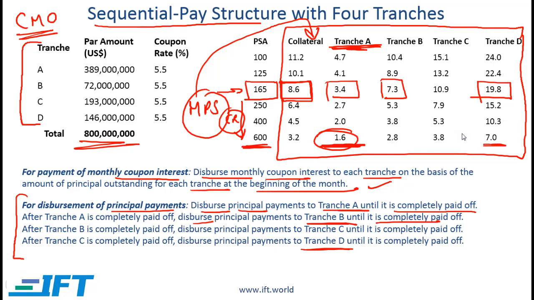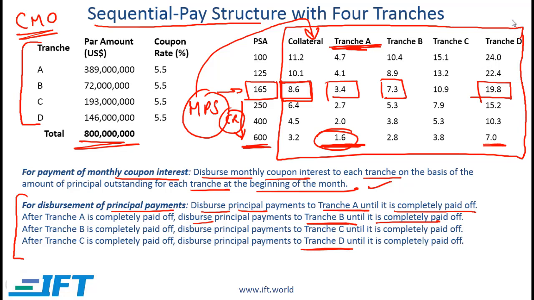Now I'll ask the sort of question that might show up on an exam. Let's say you are an investor and you are extremely concerned about contraction risk. If you are concerned about contraction risk, which of these tranches will be most appealing to you?